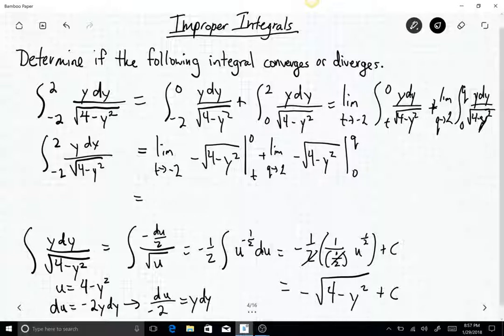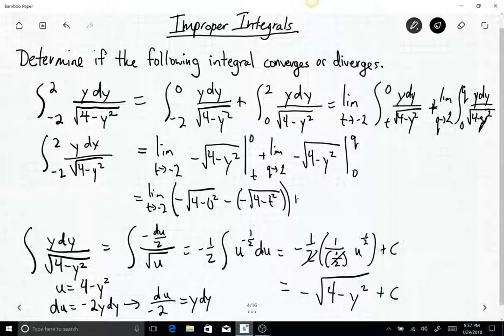And so from here, we can just plug in our bounds. So you get limit as t approaches negative 2 of negative square root of 4 minus 0 squared, which we should be able to solve in a second, minus negative square root of 4 minus t squared, which we also should hopefully be able to solve in a second.